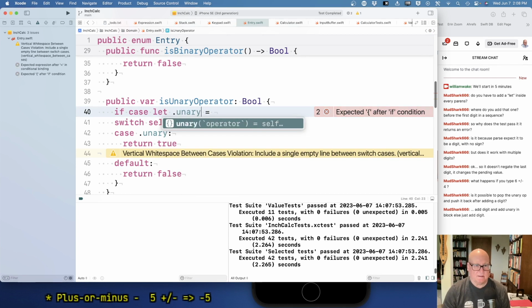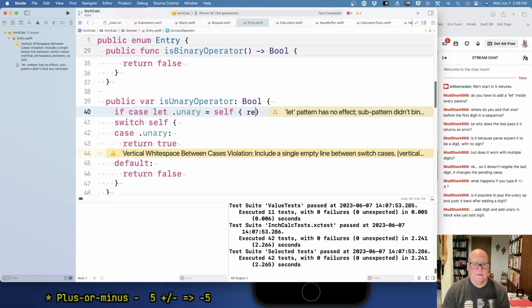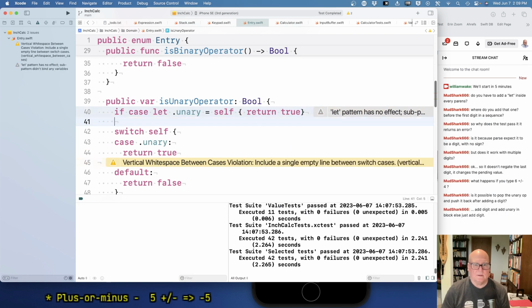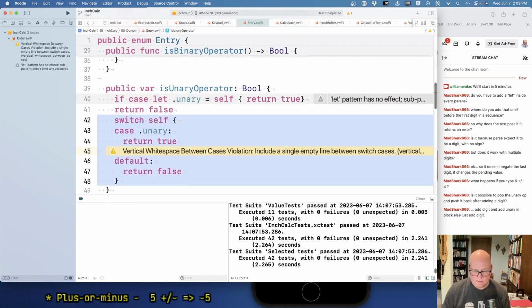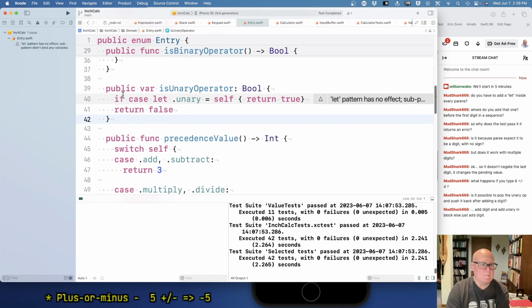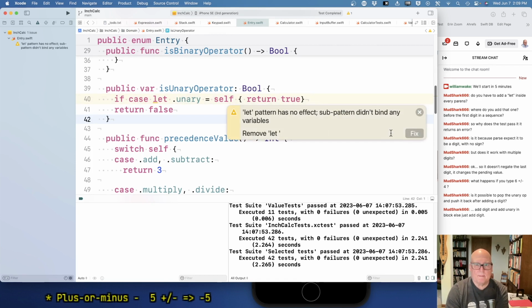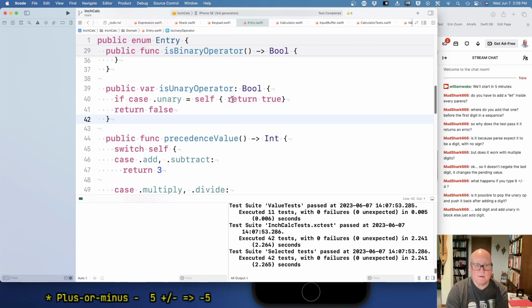Okay, if case let unary equals self, return true, otherwise return false. That should be the equivalent. Right. If case unary equals self, so if we are a unary operator, then return true. That should be fine.